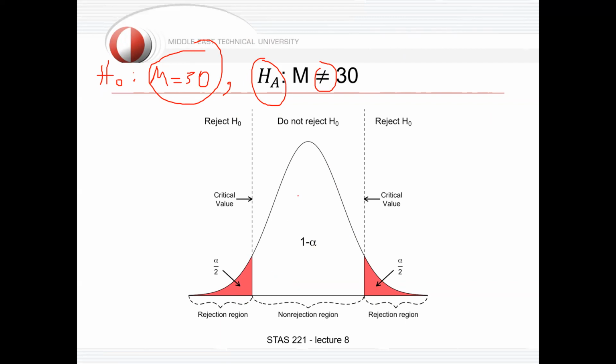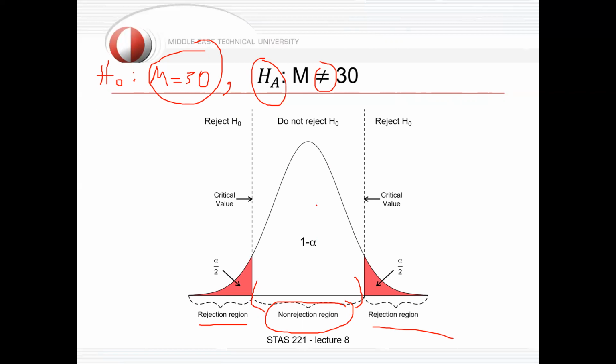It means that it is not happening in the equal region, because if it happens in the acceptance area, then we accept that M is actually 30. Okay, so that's exactly the reason. And as I always suggest, construct your graph based on HA, because based on the direction of that, you can easily find the rejection area and non-rejection area, which we can also call acceptance area.